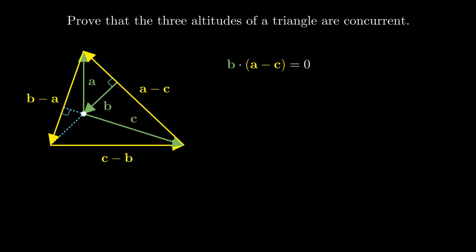Okay, and for fun, we can expand this as A dot B minus B dot C equals 0.